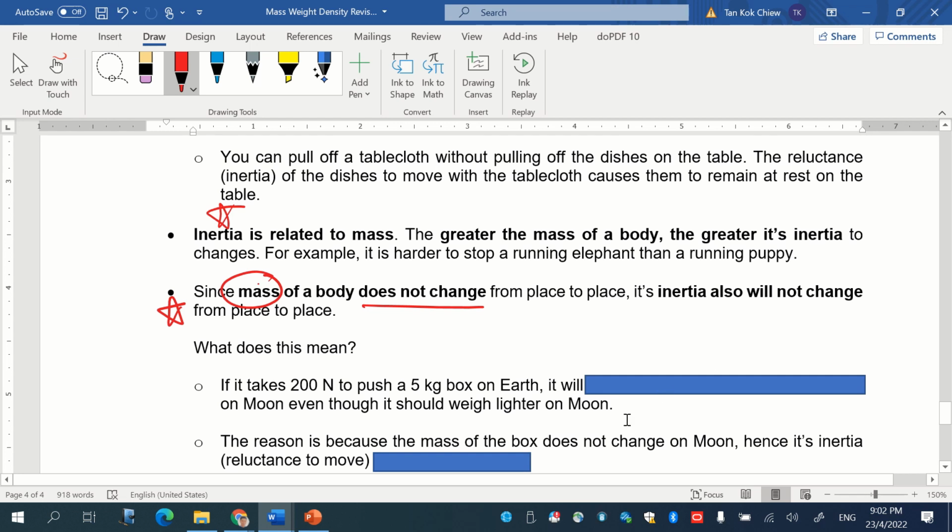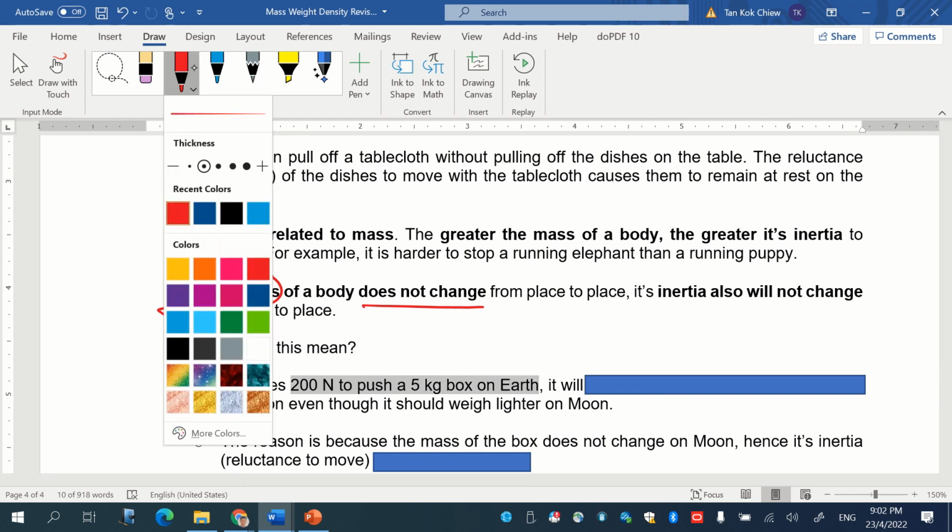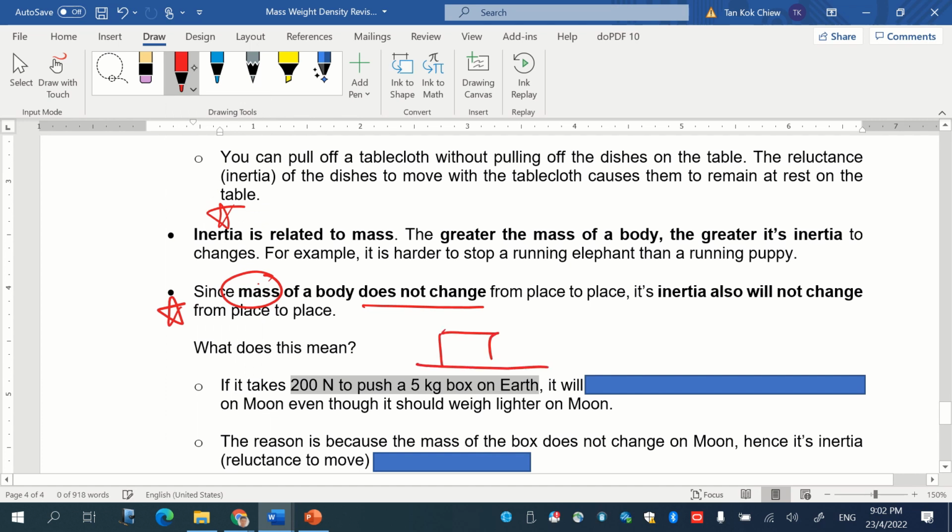What does that mean? If it takes 200 Newton to push a 5 kilogram box on Earth, for example, how much force will it take for you to push it on the Moon?